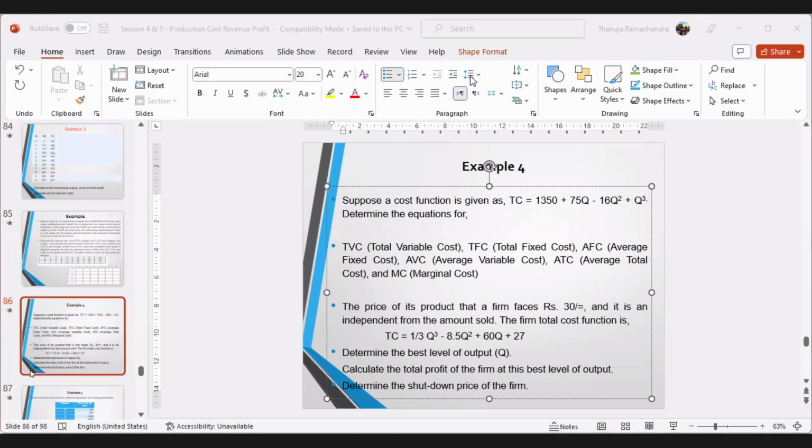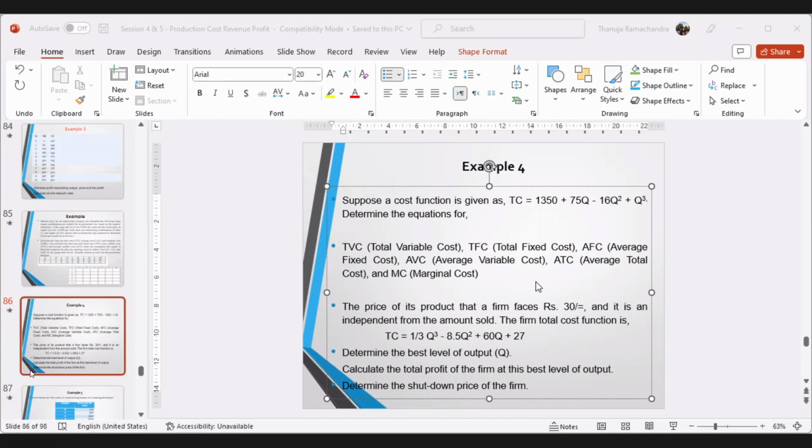Okay, correct. Next one, average total cost. Average variable cost plus average fixed cost.